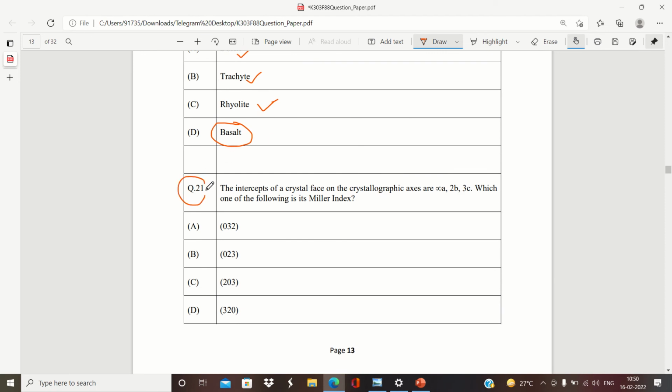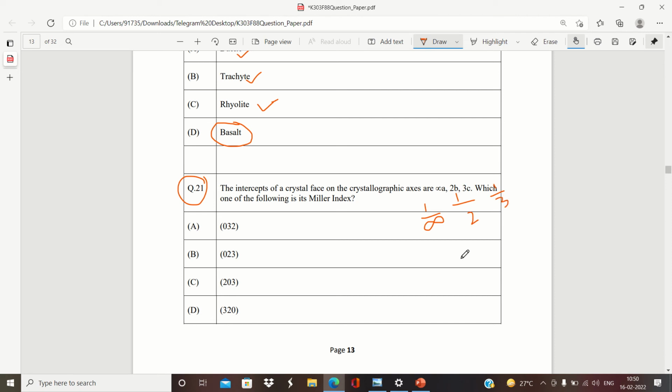Then another question is, the intercepts of a crystal face on the crystallographic axes are infinity, 2b and 3c. Which one of the following is its Miller indices? So simply what we will do, we will find the reciprocals, that is 1 upon infinity, 1 upon 2, 1 upon 3.